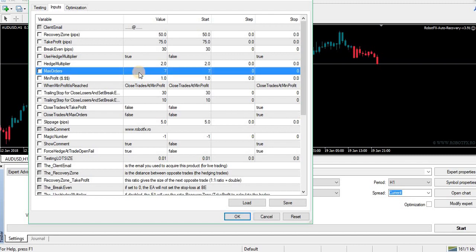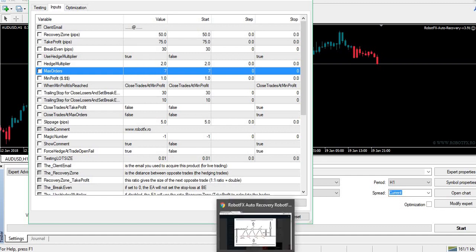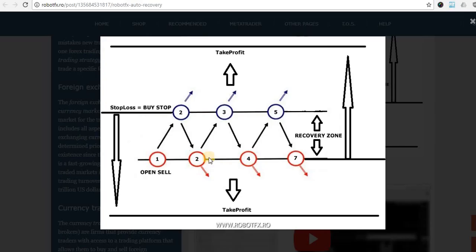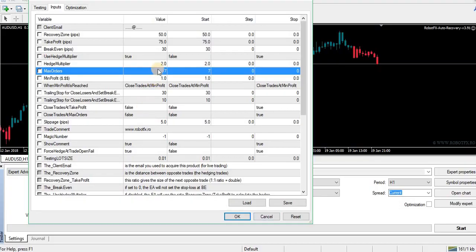You have, as I said, the possibility to limit the maximum number of orders. By default, it's 7, but it can be any value, depending on your trading style. So as soon as you have 7 orders on the chart with these settings, the expert advisor will not place any other pending order.